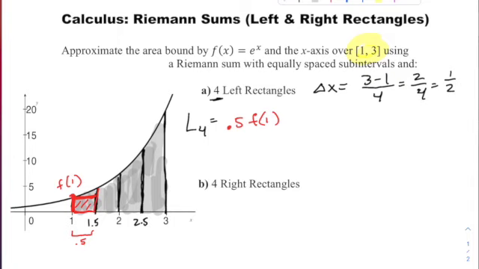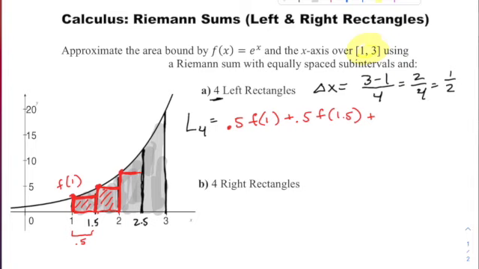And then in the next interval here, between 1.5 and 2, again, the base is 0.5. That doesn't change. And the height of that rectangle, I'm going to use the left side of that interval where that hits the curve. So that would be plus another base of 0.5 times the height of f of 1.5. The third rectangle, which would be between 2 and 2.5, I'm going to again use the left side of the interval as the height.